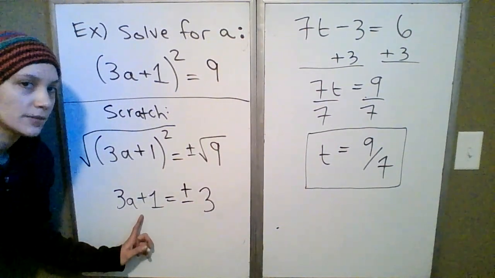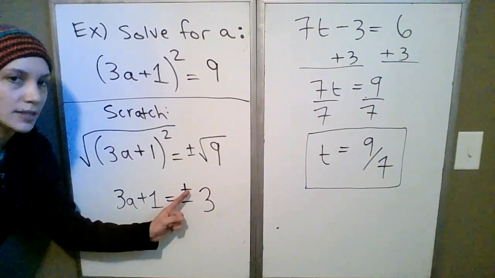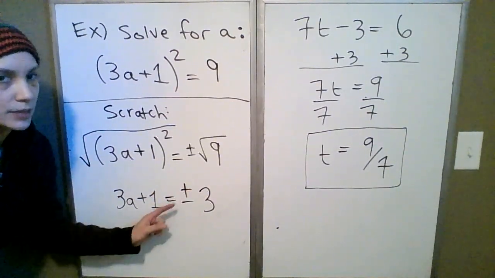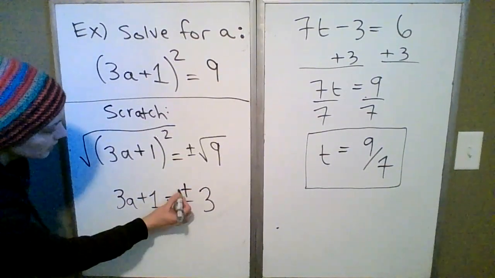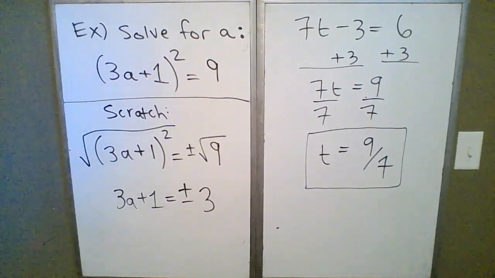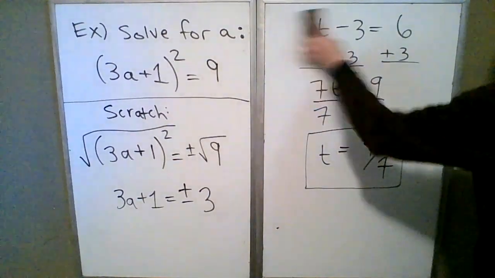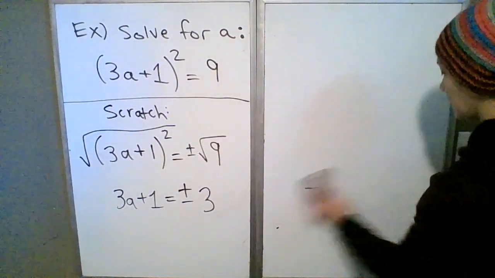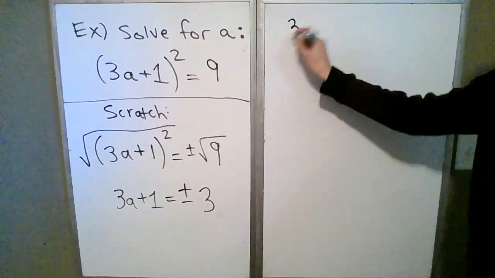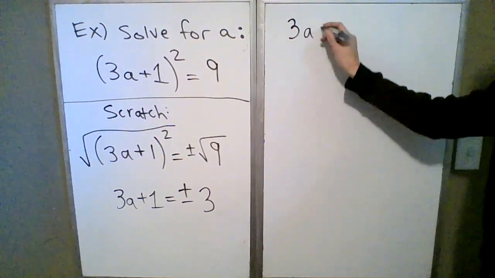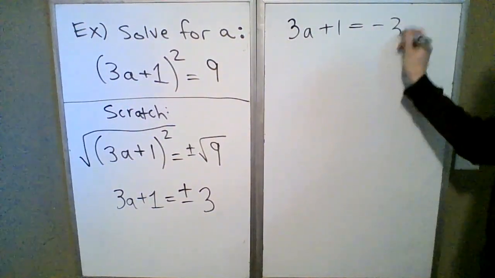So 2 equations out of this. 3a plus 1 equal to the positive of 3. 3a plus 1 equal to a negative of 3. Let's start with the negative. 3a plus 1 equal to negative 3.